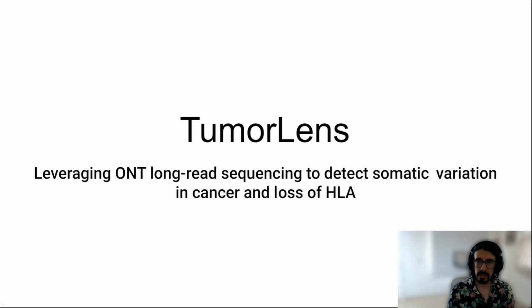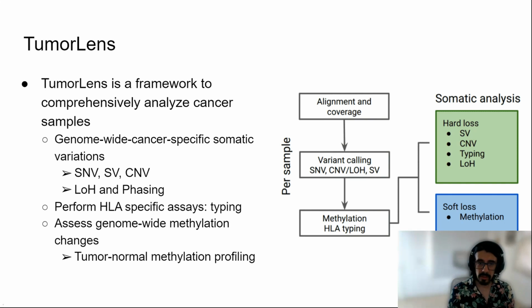With that in mind, we developed TumorLens, which leverages ONT sequencing to detect somatic variation in cancer and the loss of HLA. TumorLens is a framework that does a comprehensive analysis of the tumor-normal cell line. First, we have a genome-wide cancer-specific somatic variation analysis. So we do SNPs, structural variants, copy number variants, LOH, and phasing.